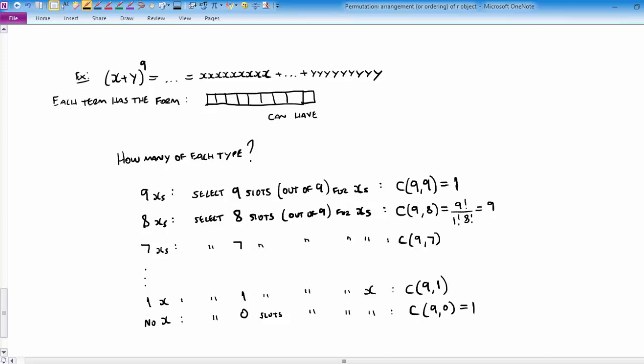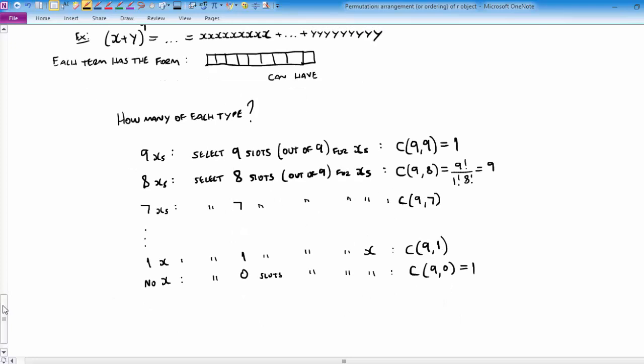In fact, only 1. Some of them will have 8 x's, and there are 9 of them. Some of them have 7 x's, and that will be this number of terms. And that's basically what the binomial theorem is saying.